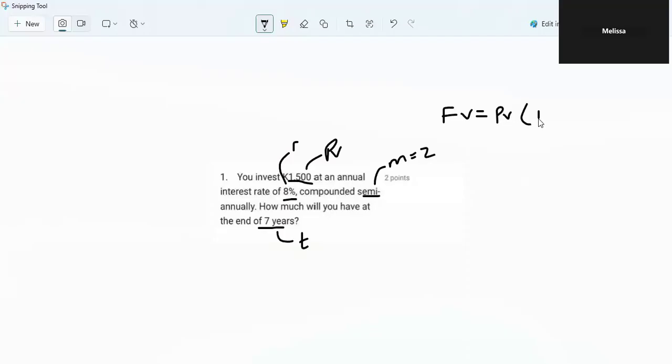We're saying 1 plus R over M, close that, to the power M times T. So when we substitute, we have 1,500 times open brackets, 1 plus our R, which is 0.08, divided by 2, which is semi-annually, to the power 2 times T, which is 7 years.